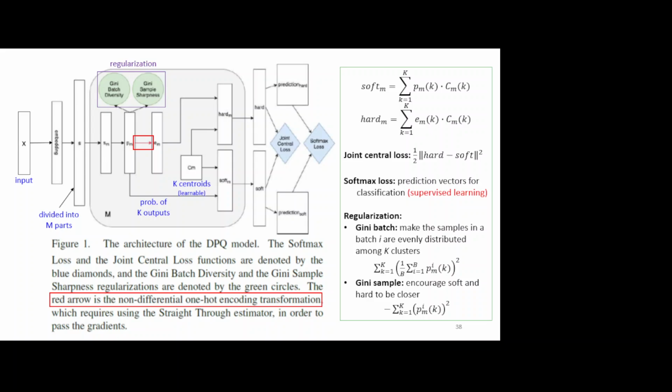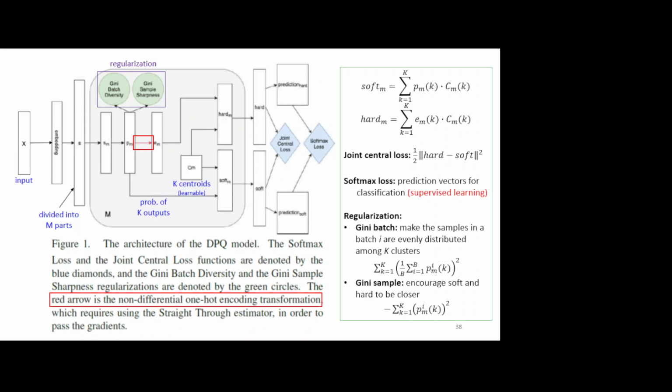After the Pn, the probability of the k outputs, we forward it to the next step. Note that this step is called hard quantization.